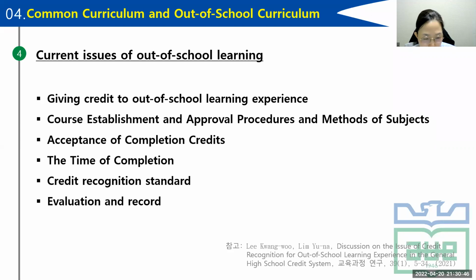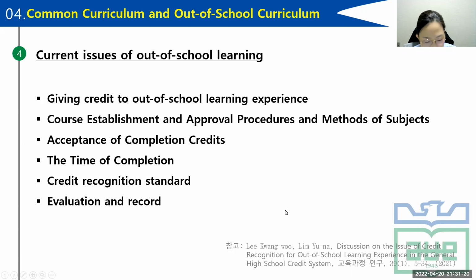To solve this problem, the Ministry of Education and several scholars suggested the common curriculum between schools and the out-of-school learning experience. They are still among the major issues in the high school credit system. There are some problems with the common curriculum, but there are also problems with out-of-school learning. The issues are as follows.